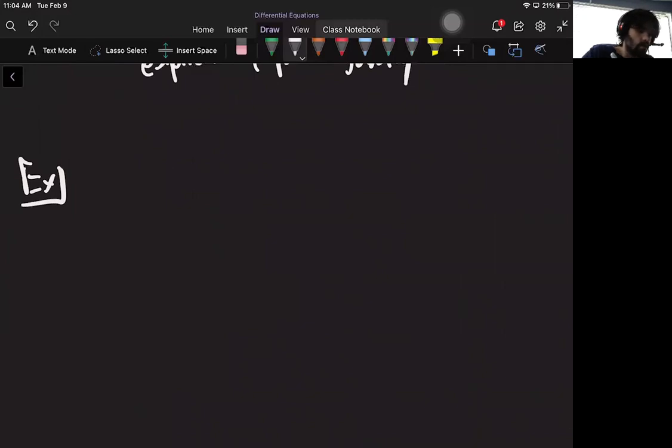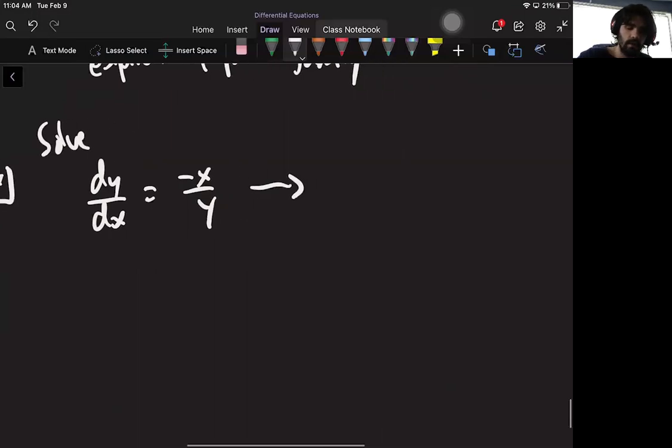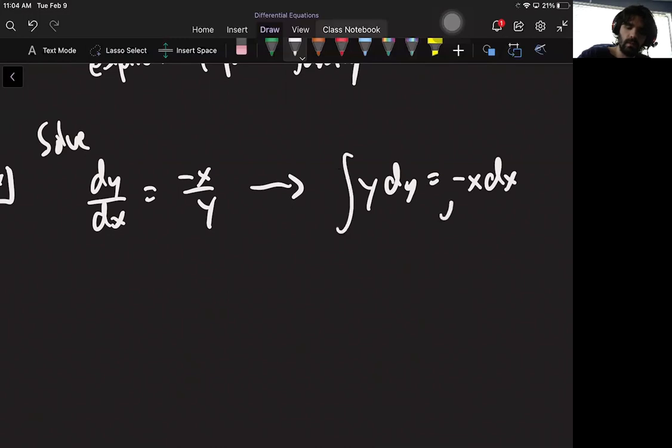Okay, let's do one more that will also reveal another renaming trick that can come in handy. Okay, separate. So I'm going to multiply the y, multiply the dx, and then I'm going to integrate.